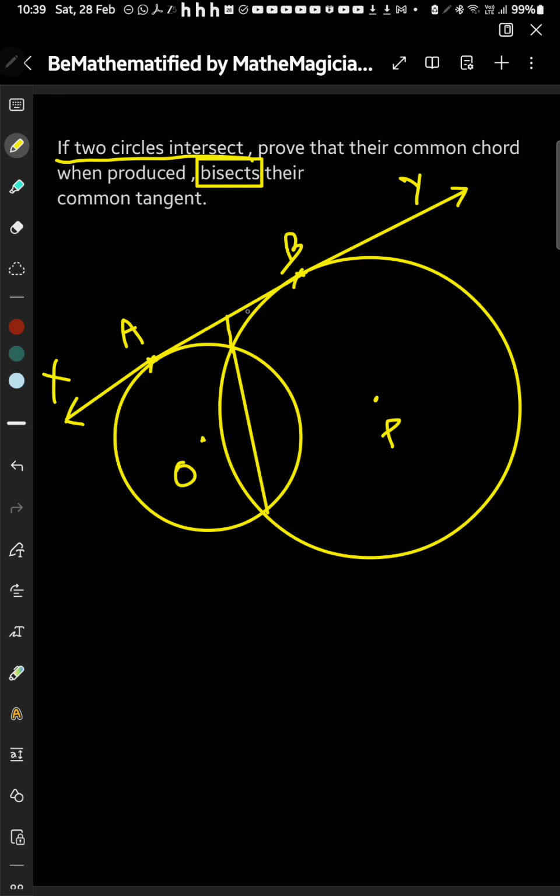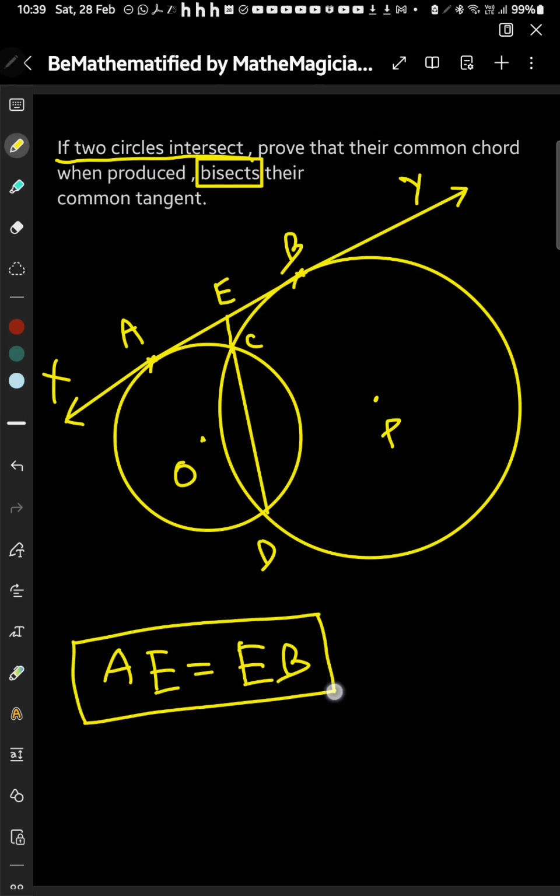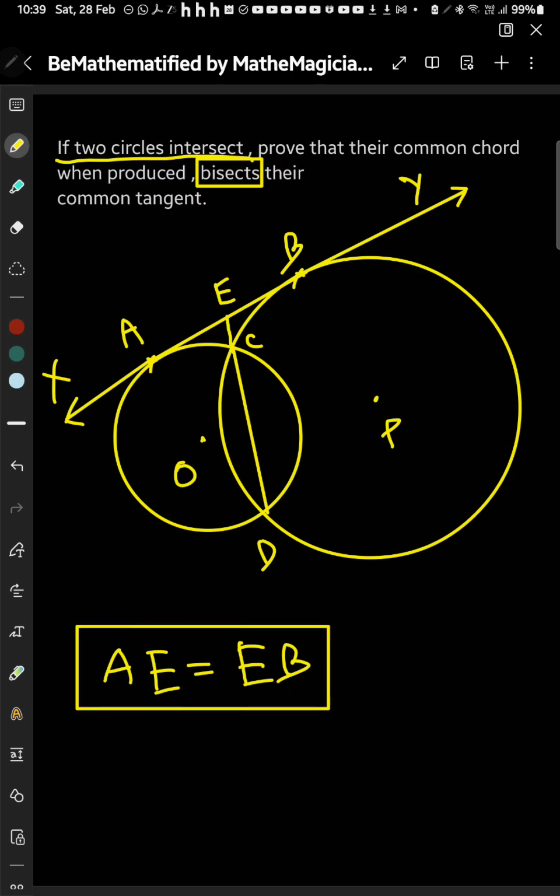They intersect at C and D. I need to prove that if it is, say, E, AE equals EB. That is what I need to prove. I repeat once again, the writing you should do on your own.